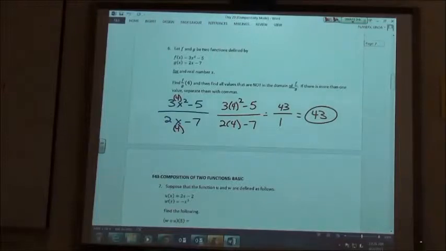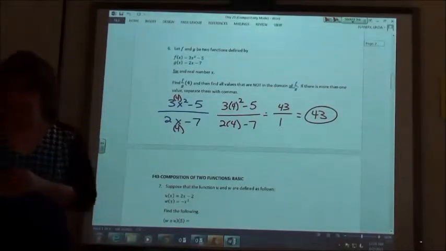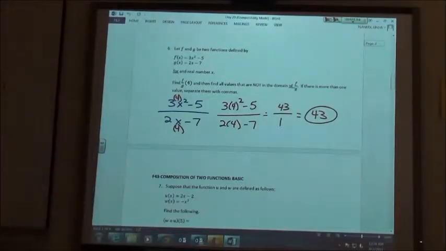We used 9. And the other one was -2. Where did those come from? Right here. They came from this, because that was the bottom numbers of our fraction.